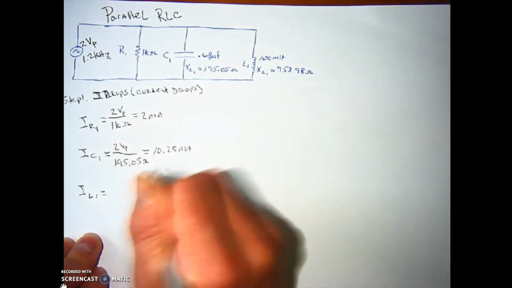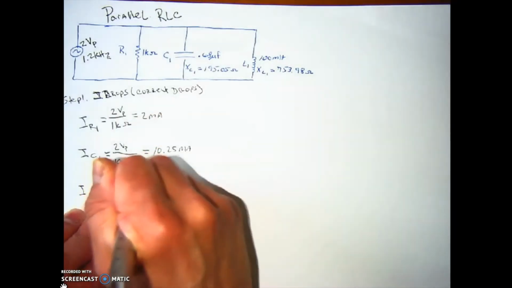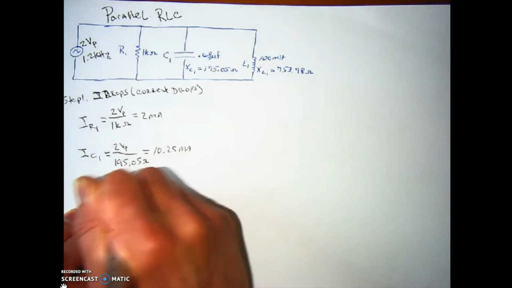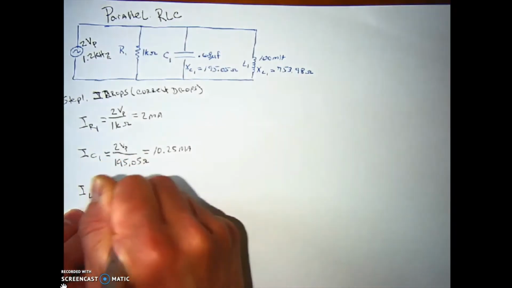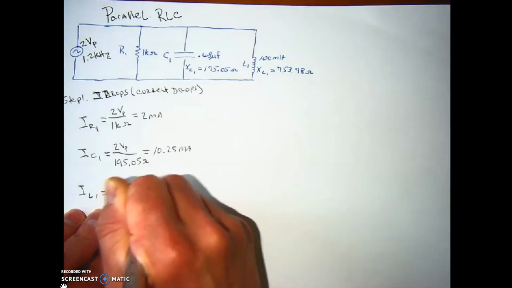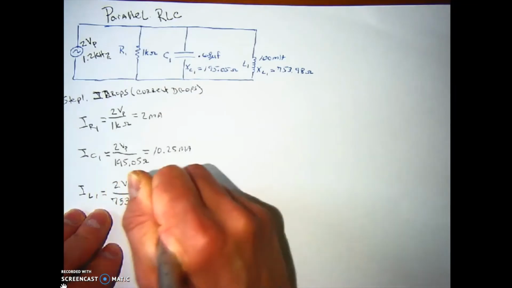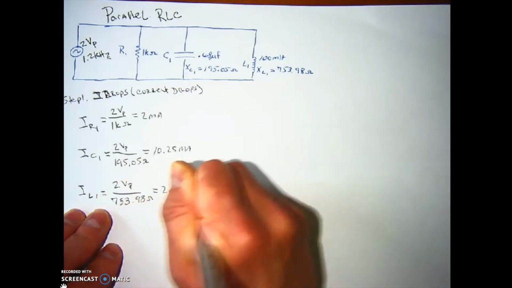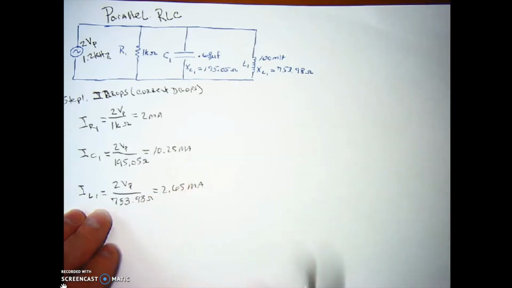And last, for the inductor, 2 volts peak divided by 753.98 ohms gives us 2.65 milliamperes of current.